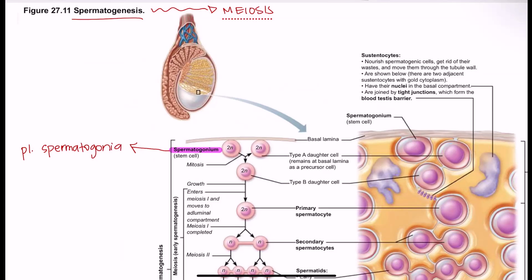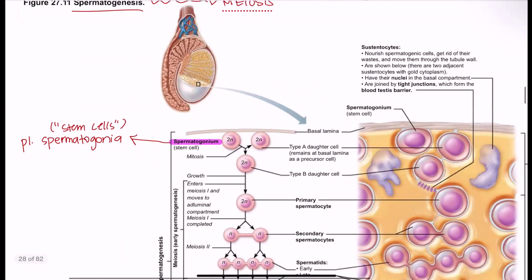And those are stem cells. When stem cells divide, it's often asymmetrical, which means that they produce different types of daughter cells from a division event. And this is true of spermatogonia during puberty and beyond.